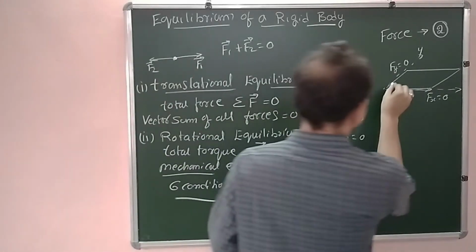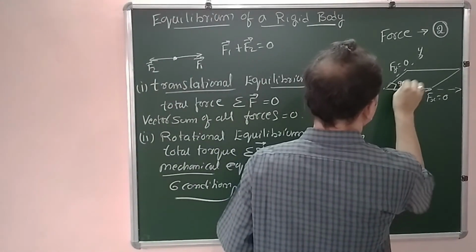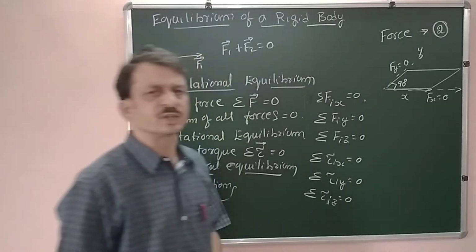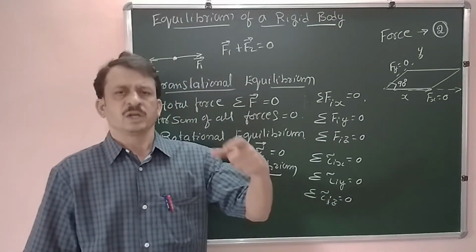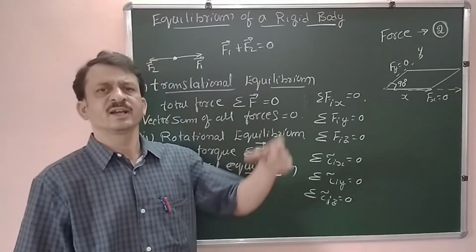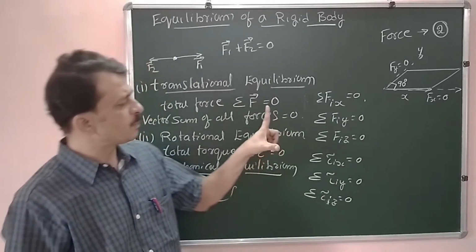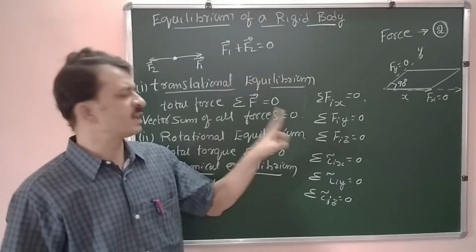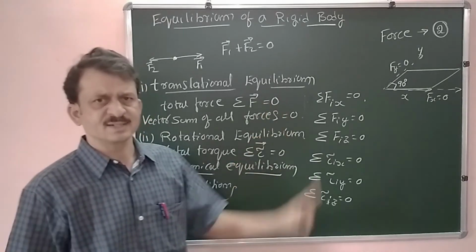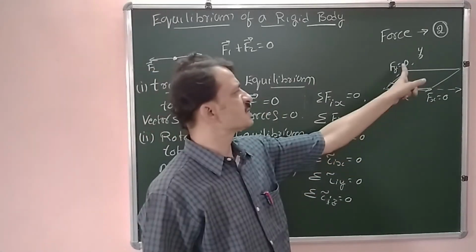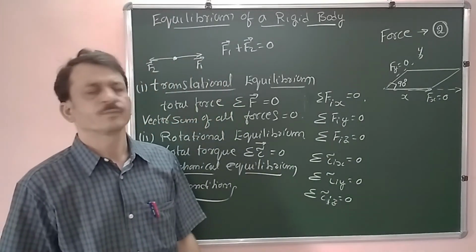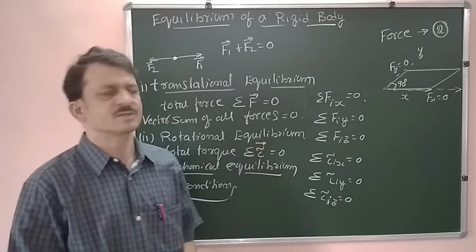And one more thing, these two should be perpendicular to each other. That is the condition. If the forces acting on a rigid body are taken along 2 perpendicular axes and their vector sum is 0, those are the 2 conditions.